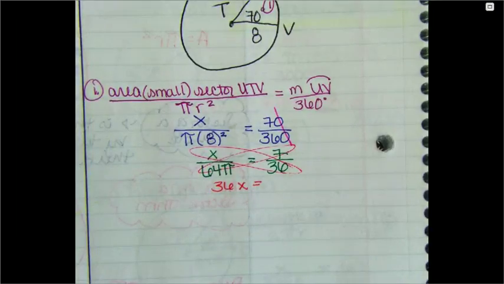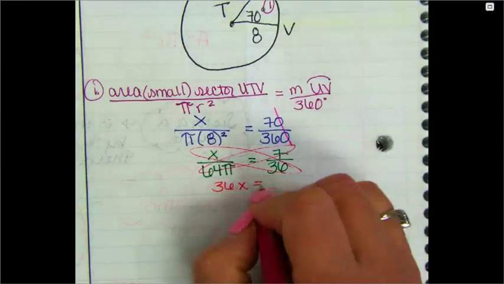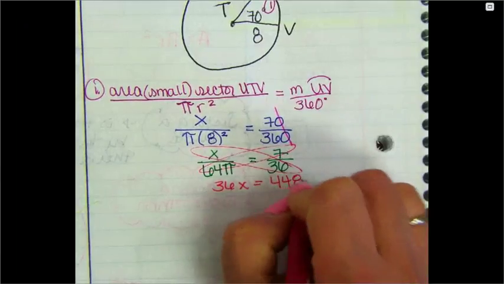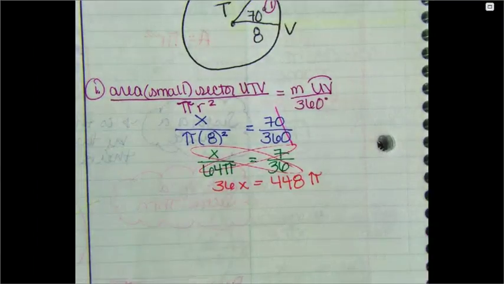What do you multiply? 448. 448 pi. Now what? Divide by what?